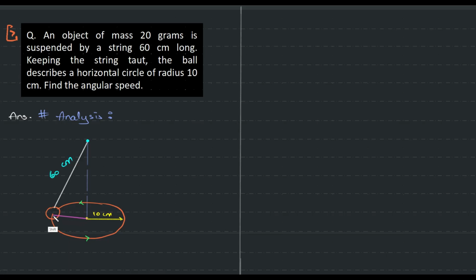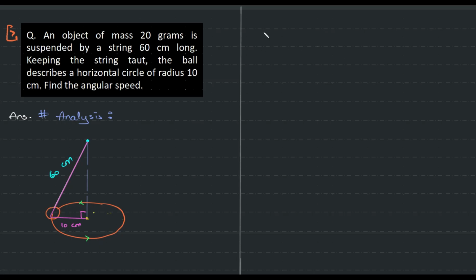We'll assume quite a few things over here, that this object is kind of small, a dot basically, and this length we'll consider as 60 centimeter. I can erase this and write this as 10 centimeter, and this is 90 degree, and this is moving in horizontal direction.